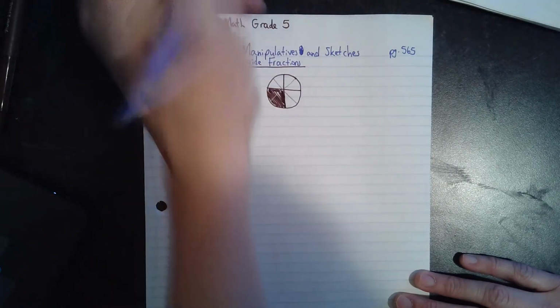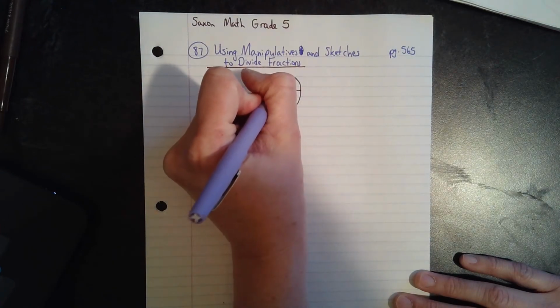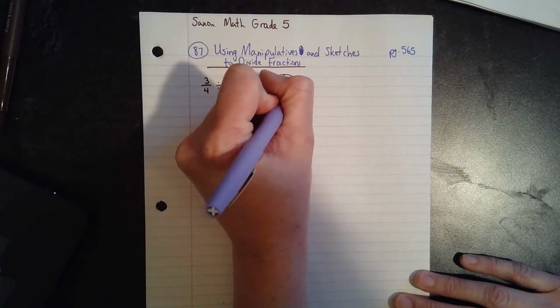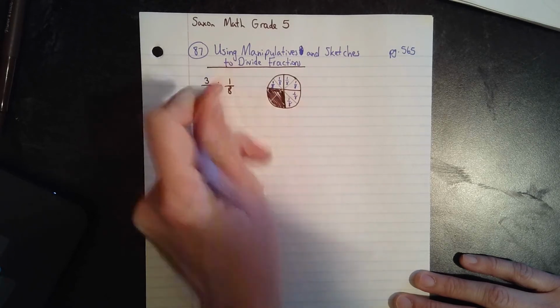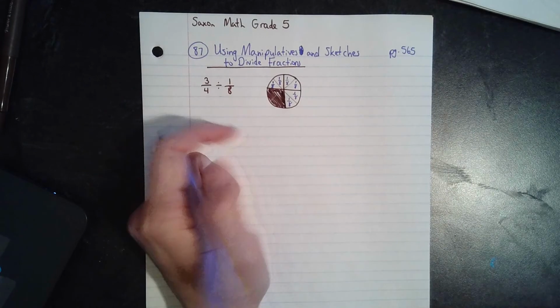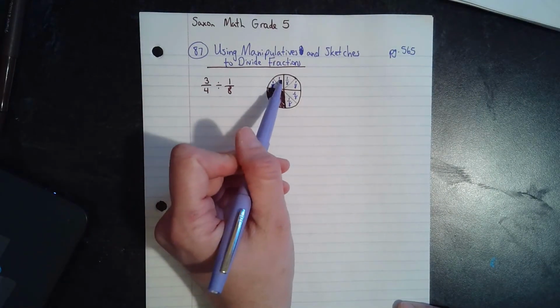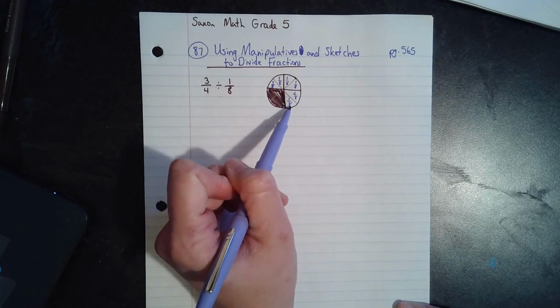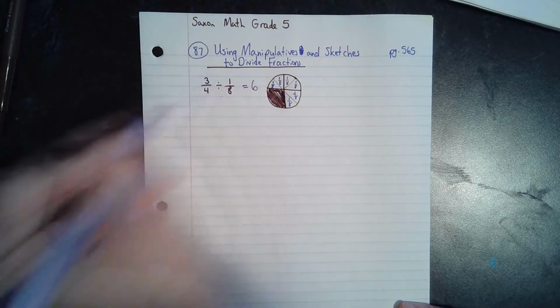This is 1/8. This is 1/8, and so on and so forth. Each of those is 1/8. So it's still 3/4, but I can count up how many 1/8 are in 3/4. There are 1, 2, 3, 4, 5, 6. And so 3/4 divided by 1/8 equals 6.